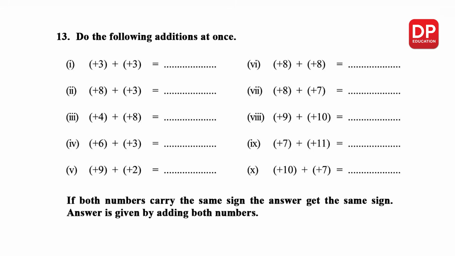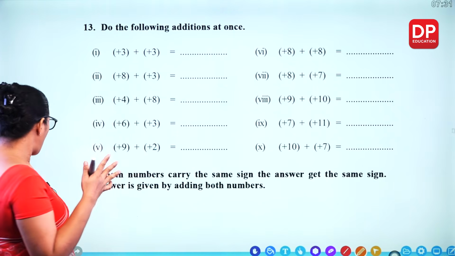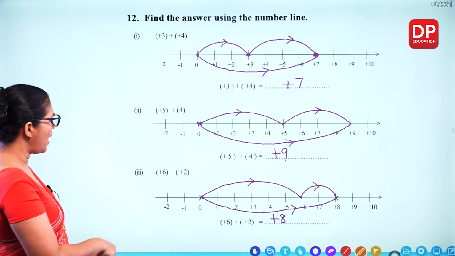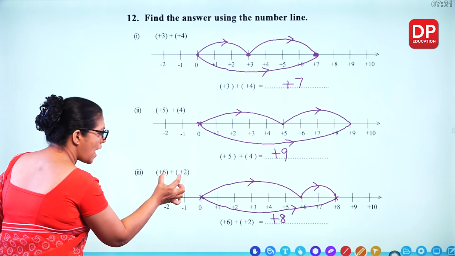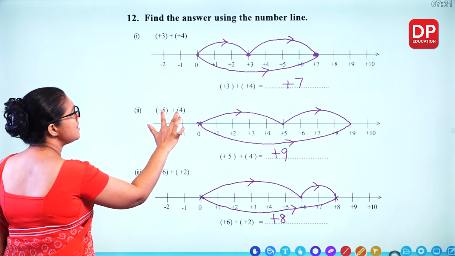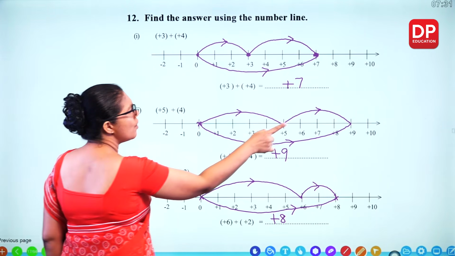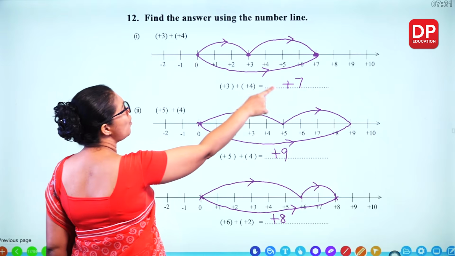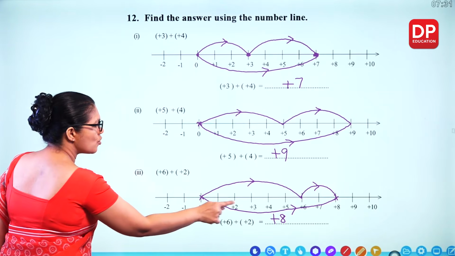Do the following additions at once. So what can you see from the previous one? When you get the same sign, pluses, you just add these two numbers. 5 plus 4, 9. 3 plus 4, 7. 6 plus 2, 8.